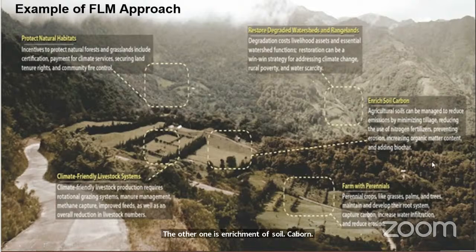This may involve management of agricultural lands to reduce emissions through various ways, such as minimum tillage as one approach, reducing the use of nitrogen fertilizers, preventing erosion, and increasing organic content through various ways, including the addition of biochar, one of the approaches that is currently being promoted.